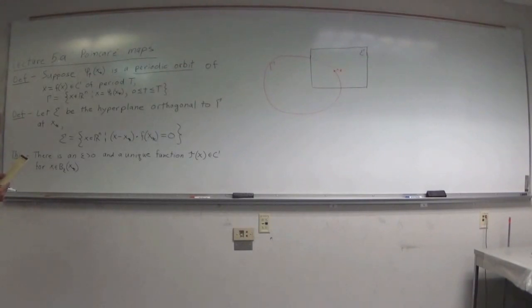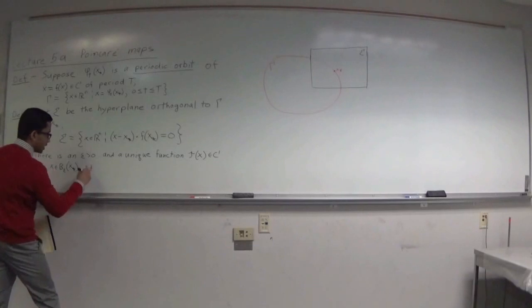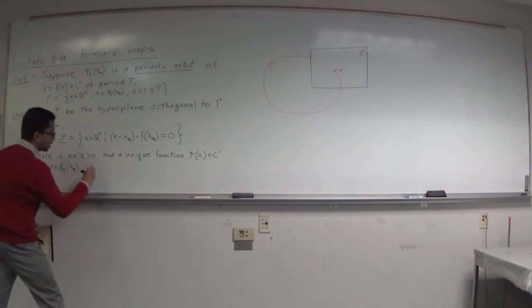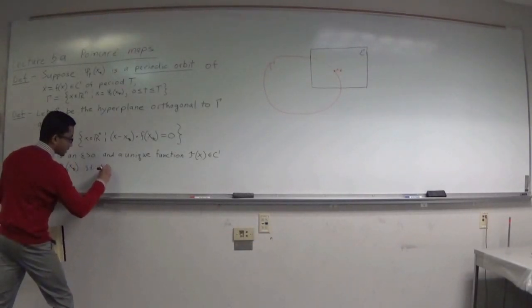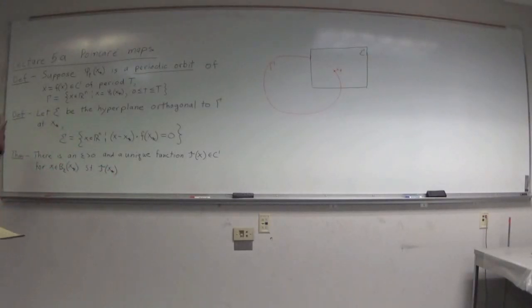We're going to have that, s.t. means such that, tau of x star. Let's see how this is defined. We're saying that there's an epsilon greater than 0 and a unique function tau of x for x in a ball around x star, some small ball around x star.